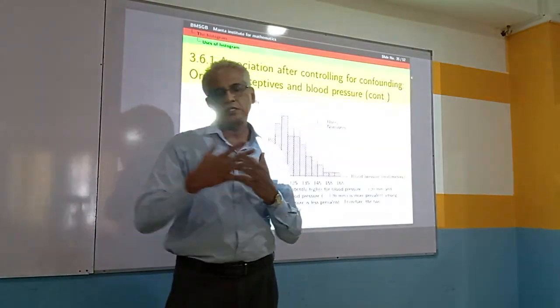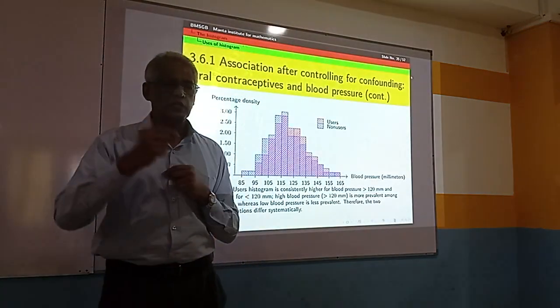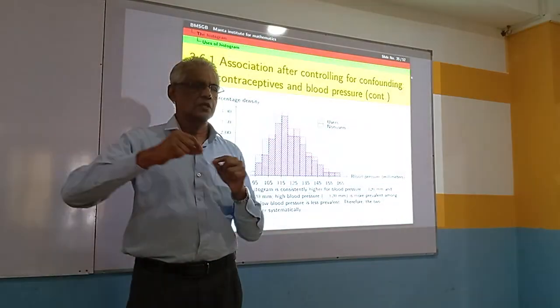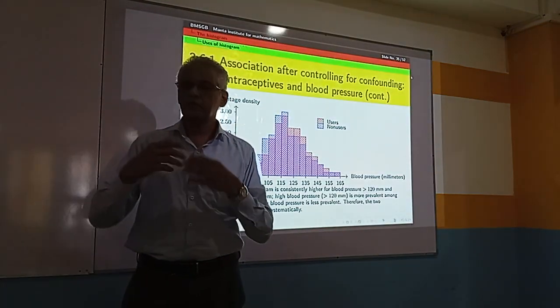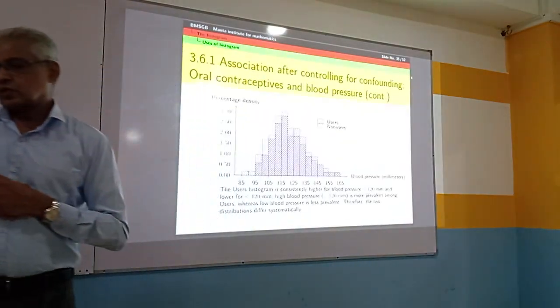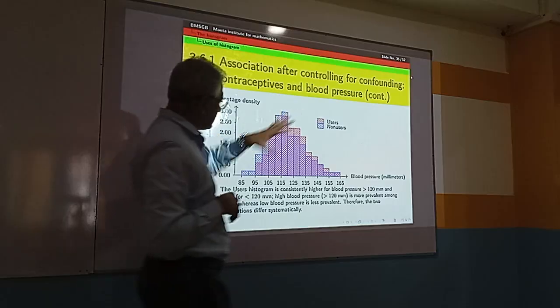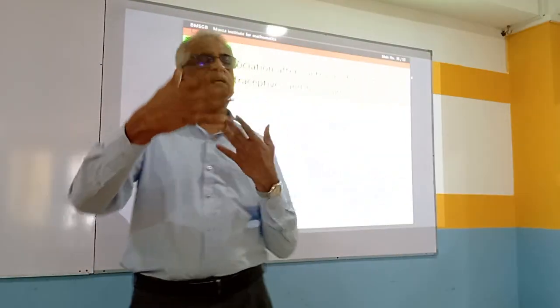So therefore age is a confounding variable in the association between whether they are taking the pill or not and the blood pressure.